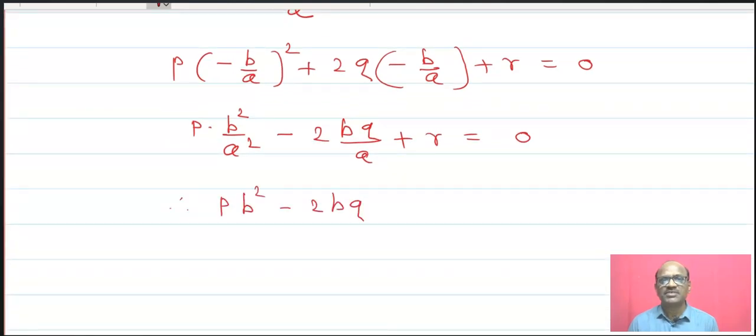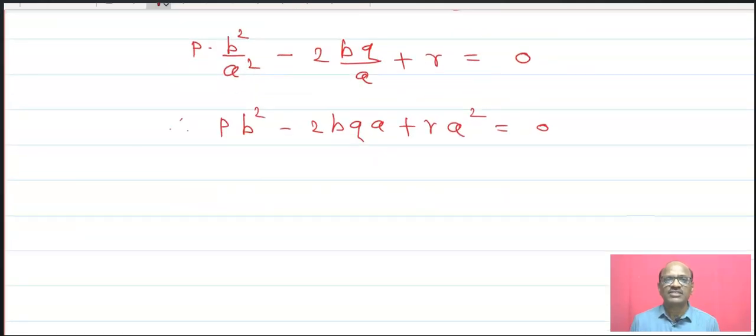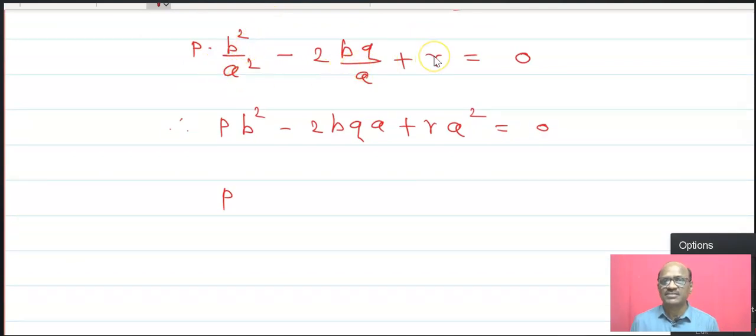Multiply on both sides by a square. Here it will become ar square, here it will become minus 2bqa, and here pb square.